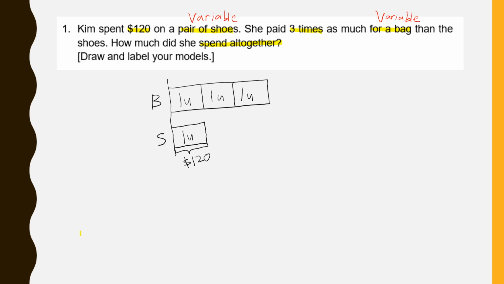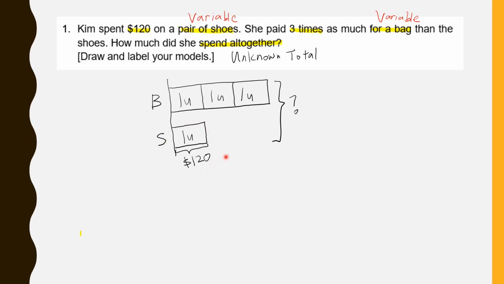This is the unknown total, so you have to put a question mark here. When you do these questions, you have to write down the units accordingly. So now what's given? What's given is this part over here.